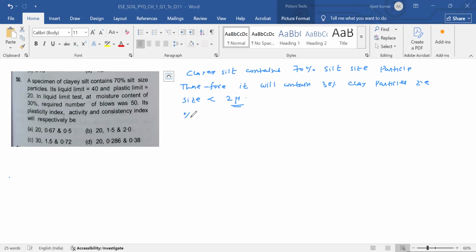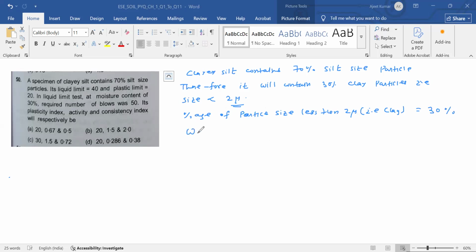So the percentage of particles of size less than 2 micron, that is clay, is equal to 30%.